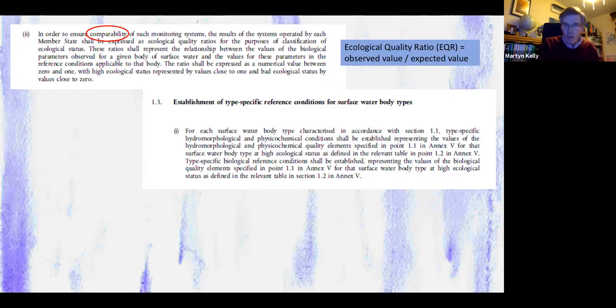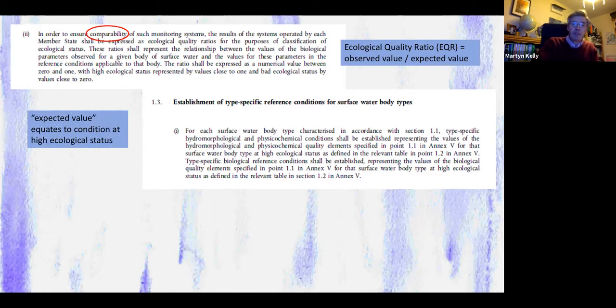And so the directive specifies that we should be setting up different water body types, recognizing that upland rivers and lowland rivers, hard waters and soft waters, you would have different expectations.